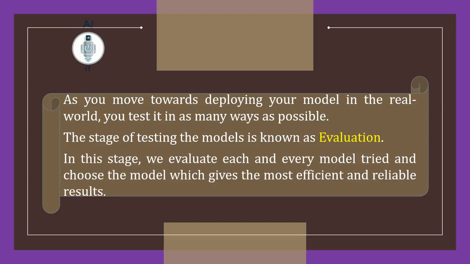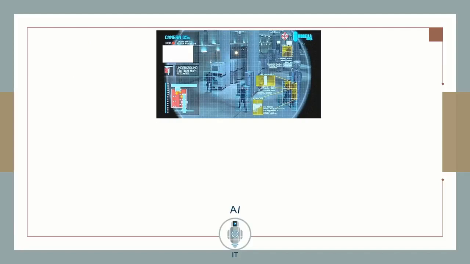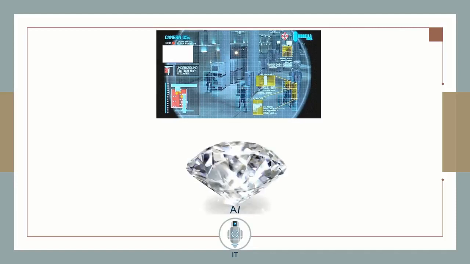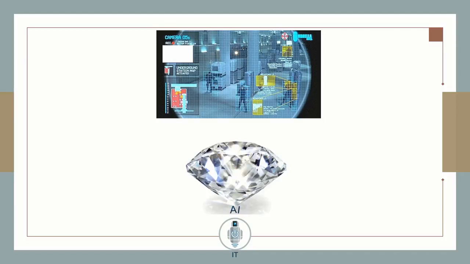In this stage, we evaluate each and every model and choose the model which gives the most efficient and reliable results. After proper testing, we deploy our surveillance system in the premises. Mr. X, who is totally unaware of this surveillance system, tries to break in through the vault and gets caught in the system.